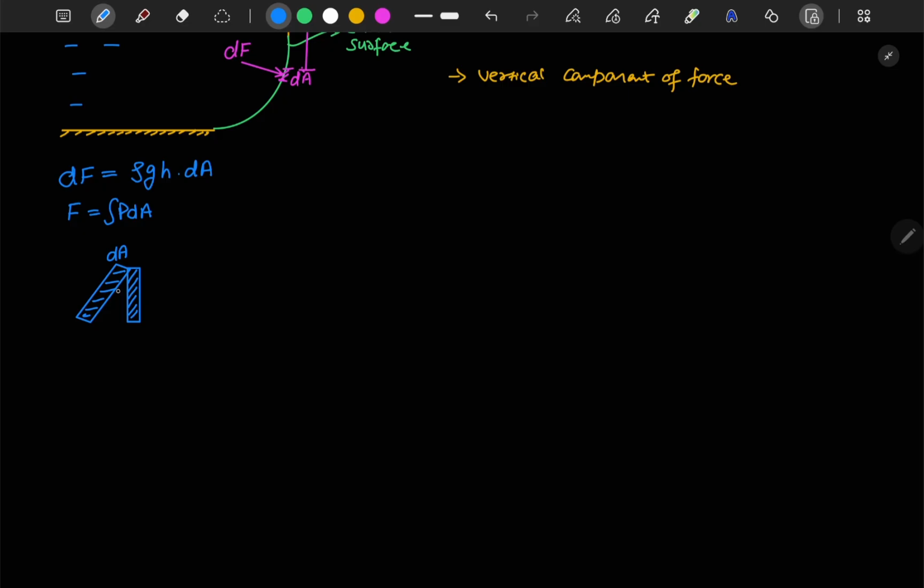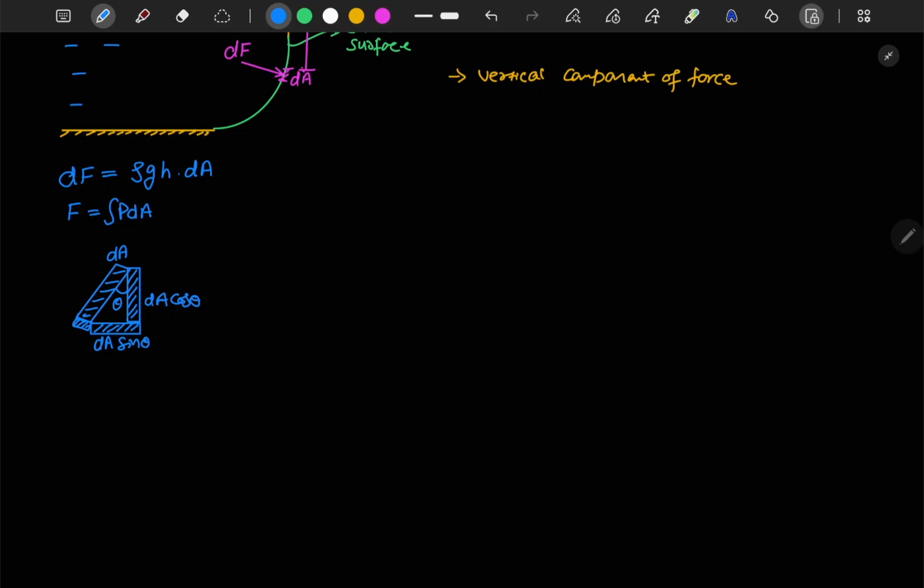Let's say this angle is theta. So this area is dA sin theta, and this area is dA cos theta.